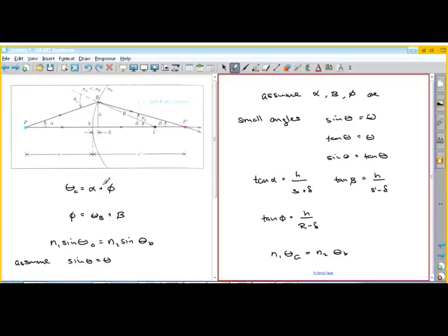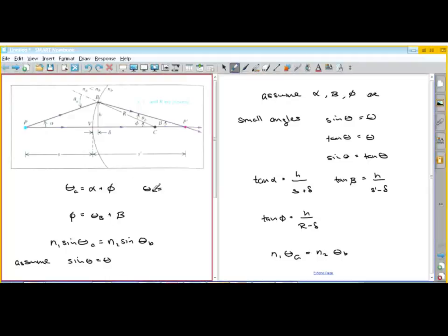And if you combine this with this one up here, I can solve for theta sub a. Theta sub a is already solved for. And this one, theta sub b is equal to phi minus beta.